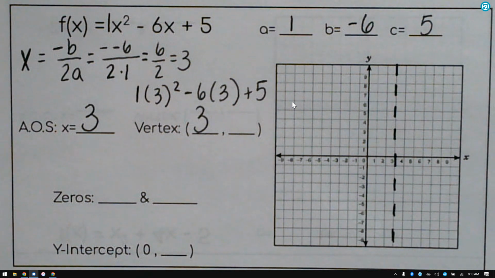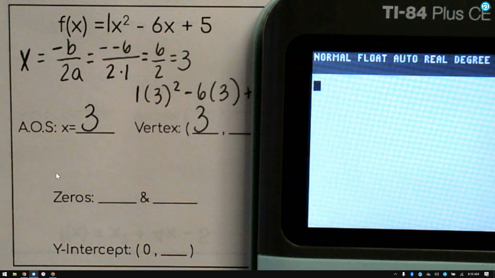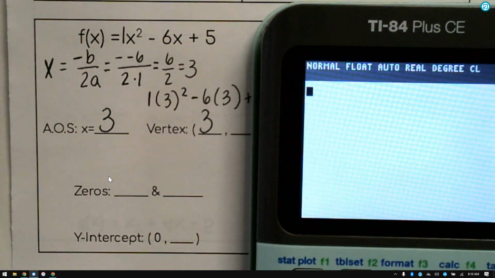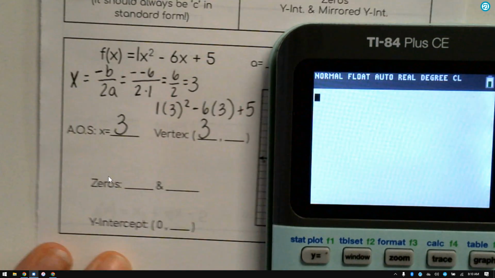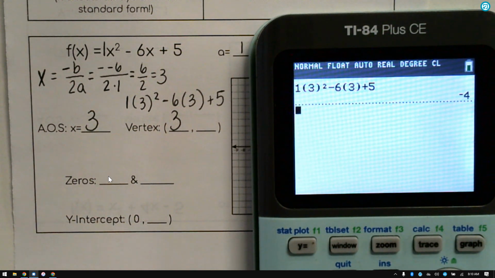You guys can throw that in your calculator. I just zoomed in, not to zoom back out. 1 times 3 squared, minus 6 times 3 plus 5, and I get negative 4.